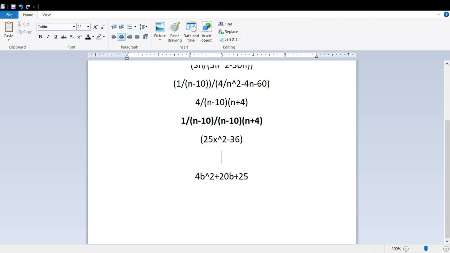This one, the one I'm about to do, 25x squared minus 36, is known as binomial factoring. It's kind of like square root factoring, where you take the square root of each term. So you take the square root of the first term, 25x squared, the square root is 5x. Then for the 36, for now just forget about the operation in the middle and just look at the 36.